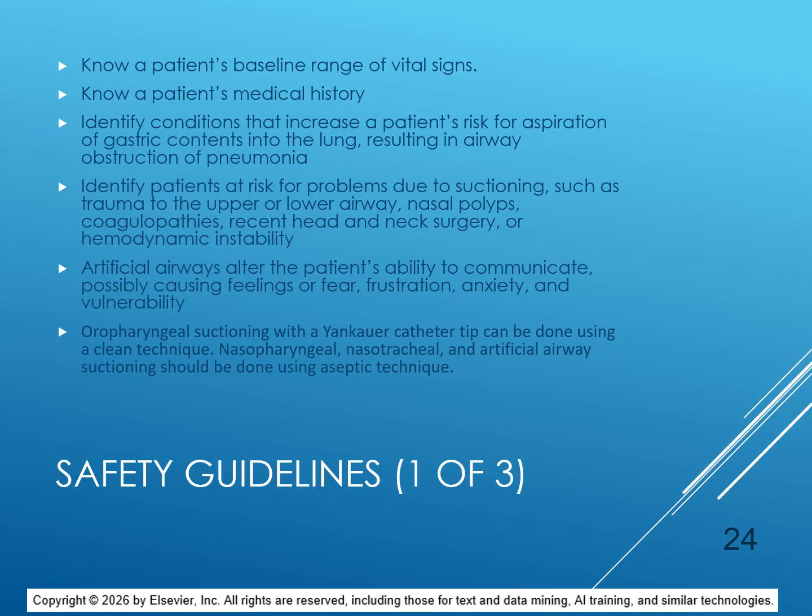You also need to know that artificial airways alter the patient's ability to communicate, possibly causing feelings of fear, frustration, anxiety, and vulnerability. The oropharyngeal suctioning with a Yankauer catheter tip can be done using a clean technique. Nasopharyngeal, nasotracheal, and artificial airway suctioning should be done using aseptic technique.